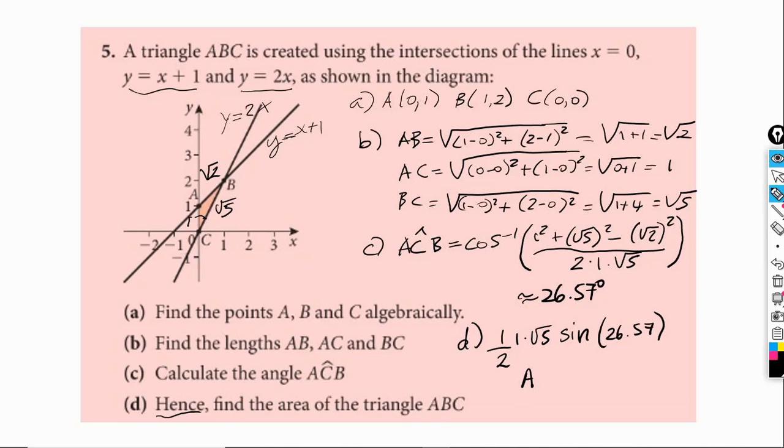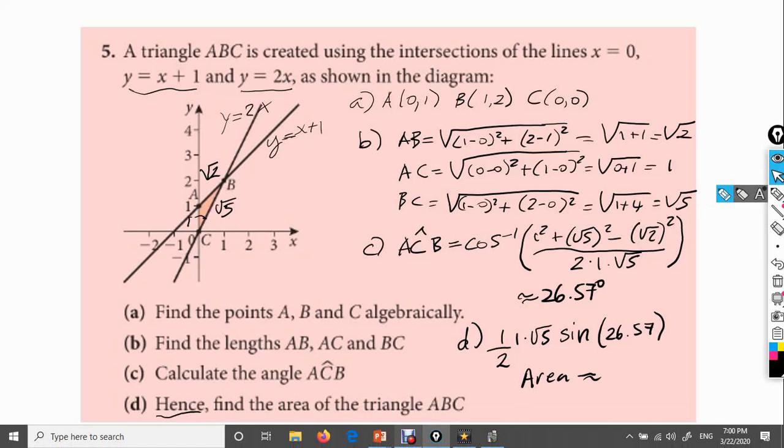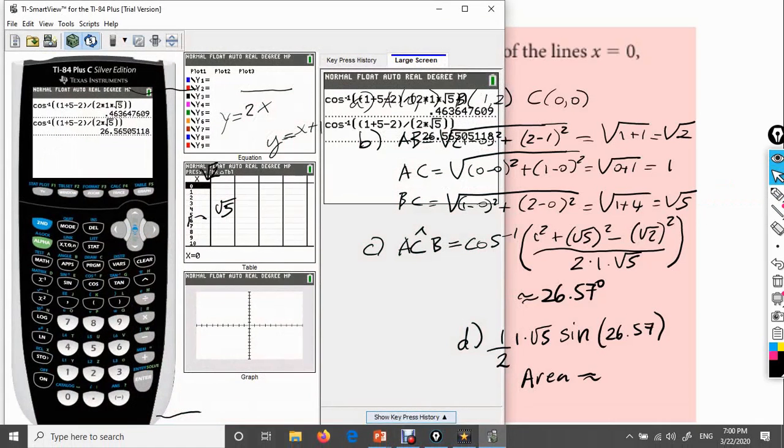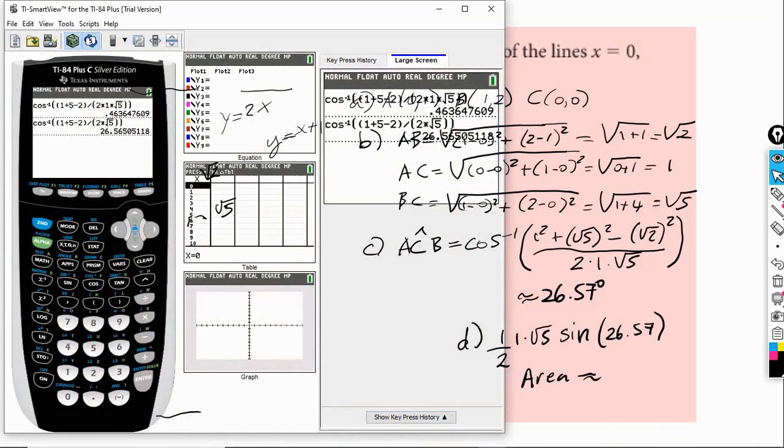That would give us the area. So the area is equal to approximately, for this we will need the calculator again. So let's go get the calculator. Okay, so first we're going to clear this. And here we go.